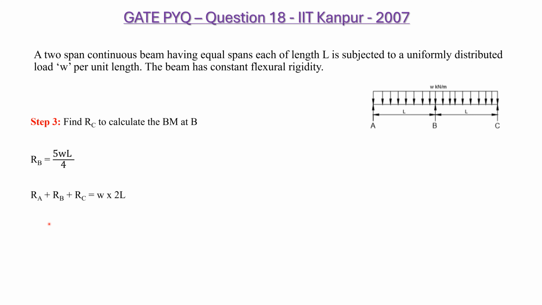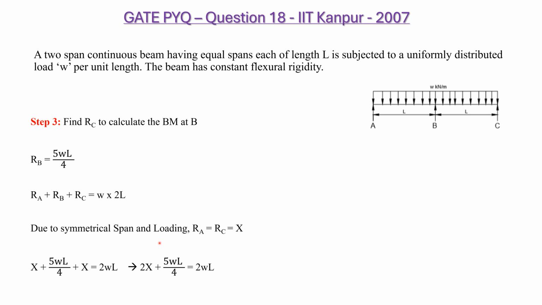Now, reaction at A, reaction at B, reaction at C, total reaction will be equal to total load applied, that is W into 2L. Also, due to symmetrical span and loading, you can see that this span is symmetric and also the loading is totally symmetric. Therefore, reaction at A and reaction at C will be equal. That is, I assume it to be X.